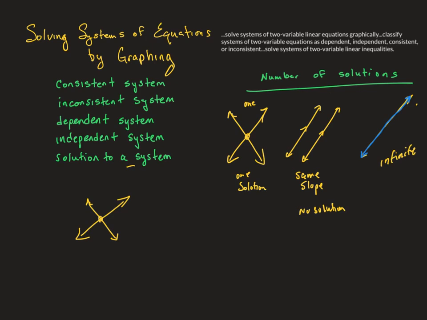And again, looking here at the number of solutions, I have an intersection of one solution, no intersection because they're parallel is no solution, or infinite solutions is when two lines turn out to be identical because they're touching each other for infinity. And with that, let's go ahead and do some of this graphing and look at some of these images and figure out if we can see the solutions or not.